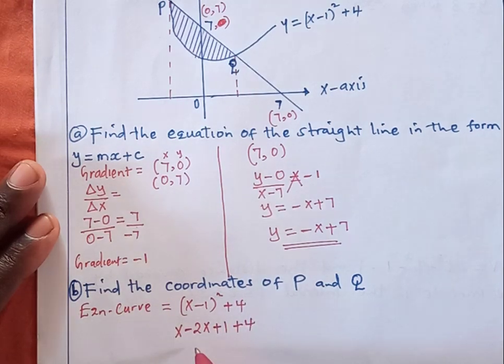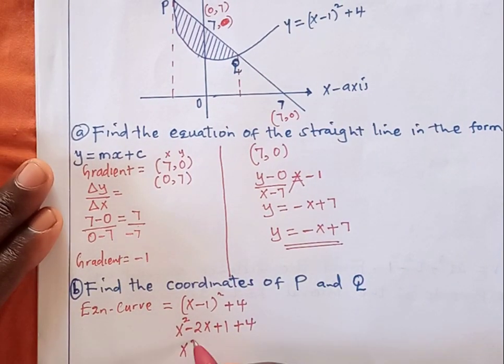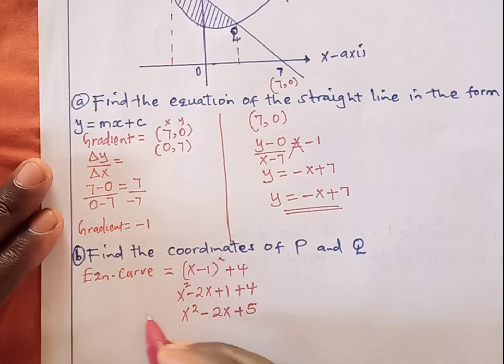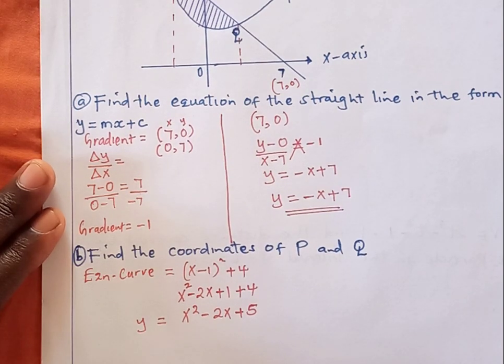We put like terms together and we get x squared minus 2x plus 5. Now this is the equation of the curve. We can say y = x² - 2x + 5.